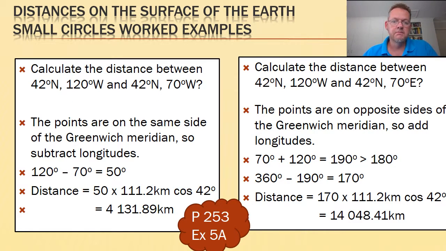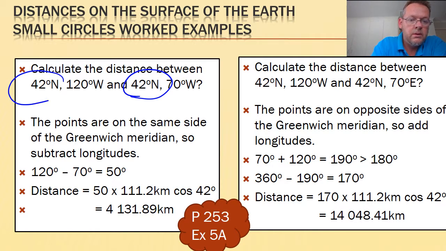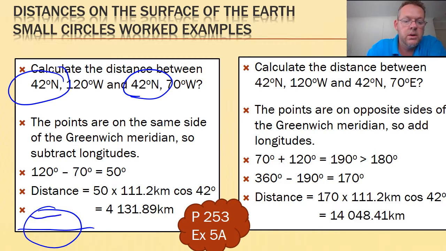When we consider small circles, just be careful to note where we are. So that means that these two will be the same generally if they're a small circle, and it'll be either above or below the equator. So you just need to picture which line you're traveling along. So we're traveling 42 degrees north, so that's a fair way north of the equator. And we're traveling 120 degrees west to about 70 degrees west.